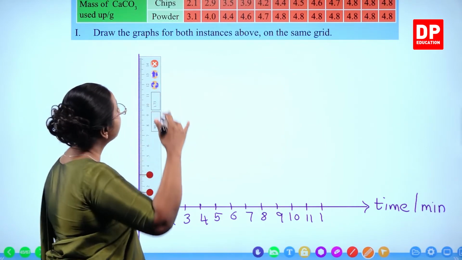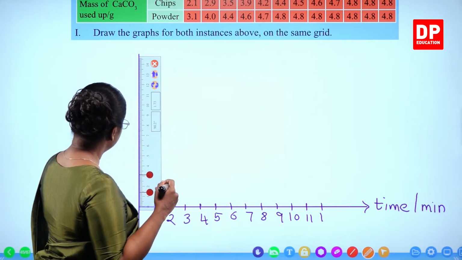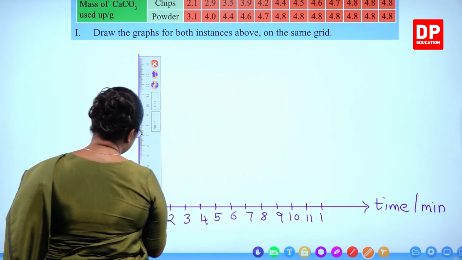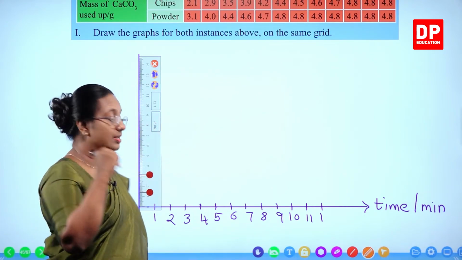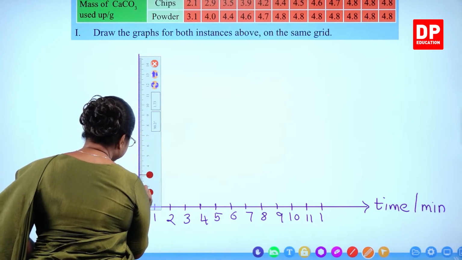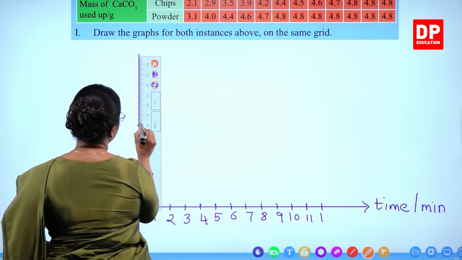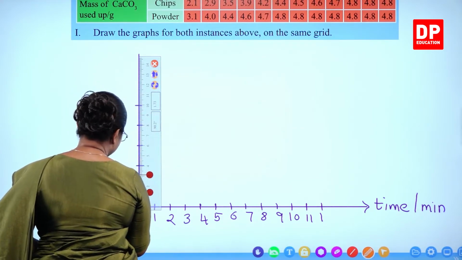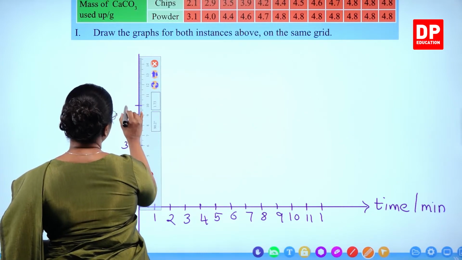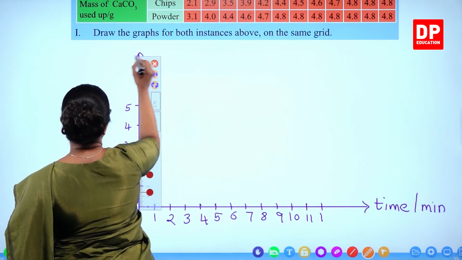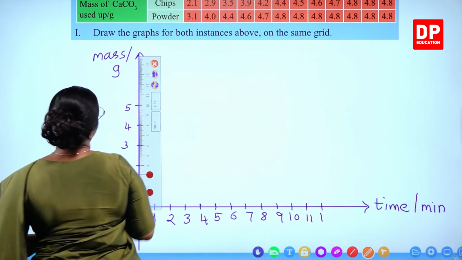So maybe if I mark it up to 5 grams, 0 to 5 grams, then of course it is easy for us. So here it's 0. I will again take 2 centimeters as 1 gram. 2, 4, 6, 8, 10. So that's going to be 1, 2, 3, 4, 5 grams. This is going to be the mass in grams.